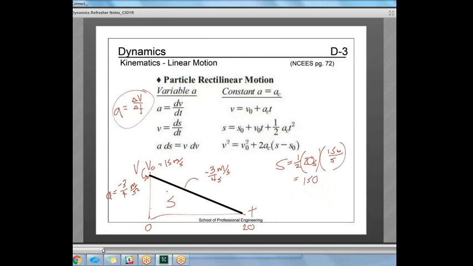So the S is the area. It's going to be 1/2 base times height. Our base width is 20 seconds. And our height is 15 meters per second. Looks like 150 meters we covered.